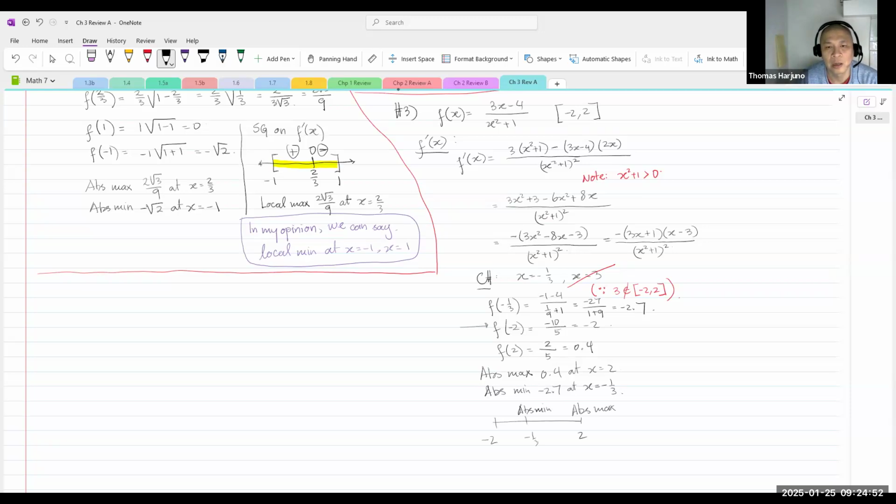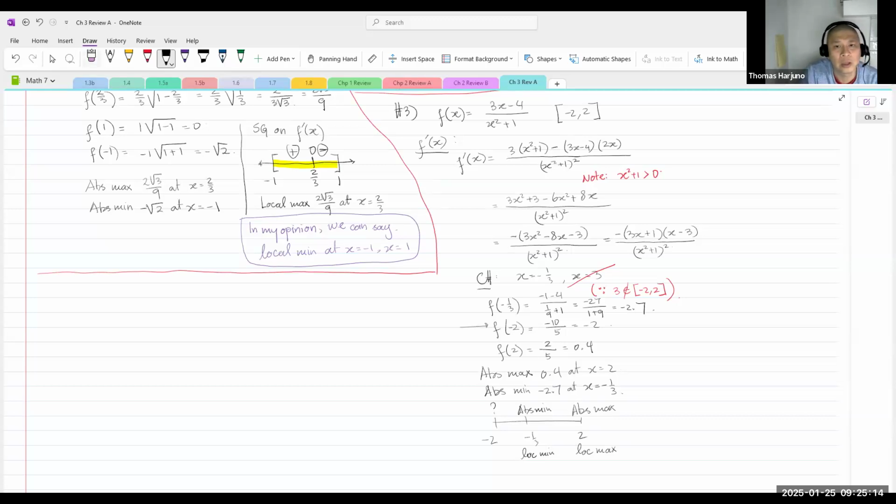Then we expect this must be a local minimum also, and this must be a local maximum. But what about here? Because there's no critical number there, then it has to be the local minimum. I'm sorry, local maximum. But let's check.